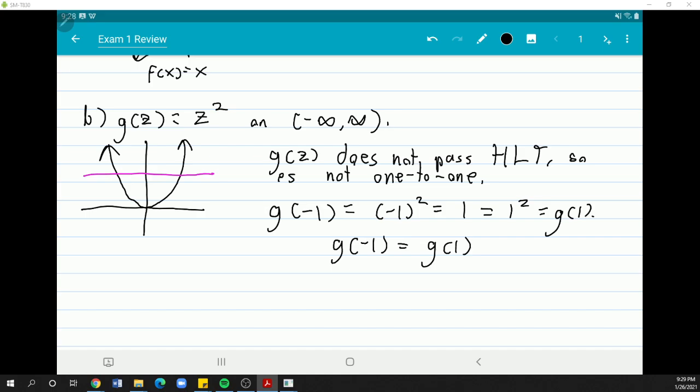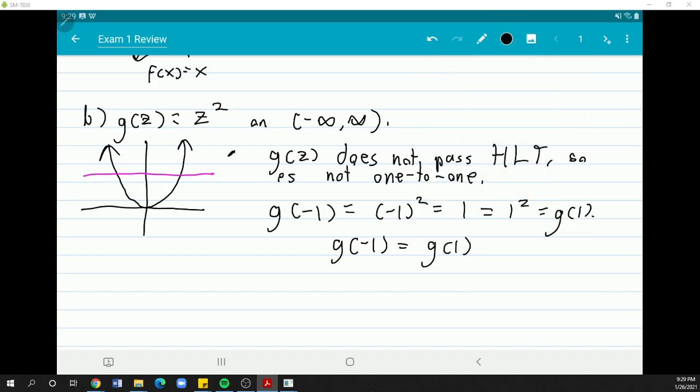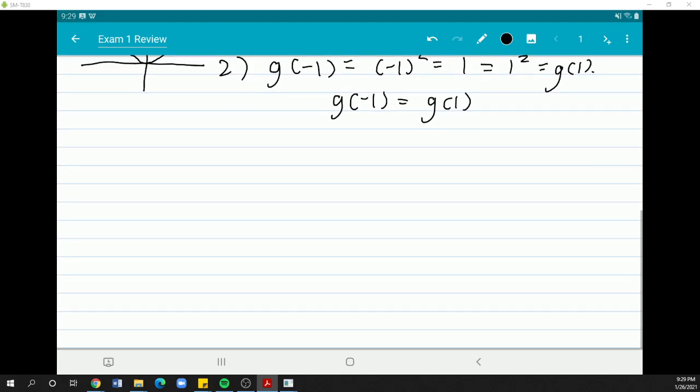Minus 1 and 1 are two different numbers, but when you put them into g, you get the same number. So that's another reason the function can't be one-to-one. This is reason 1, this is reason 2. Either one is perfectly fine on its own. You don't need both. But that's how that works.